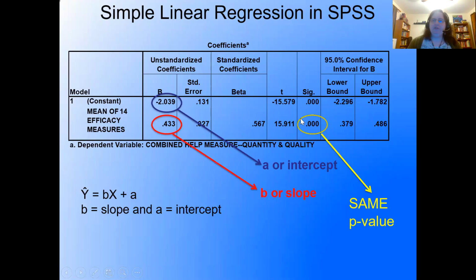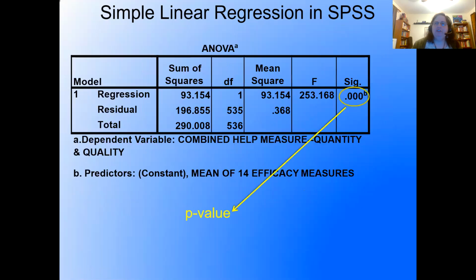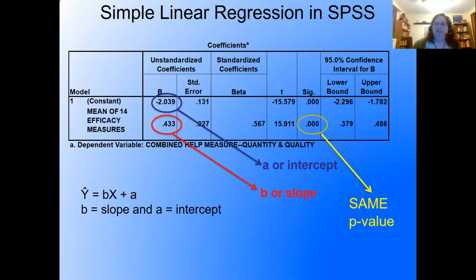This p-value over here by the slope will always match what's on the previous slide. Now I know in this case, this one happens to match too. That's purely coincidence. This is the one by the slope that will always match.